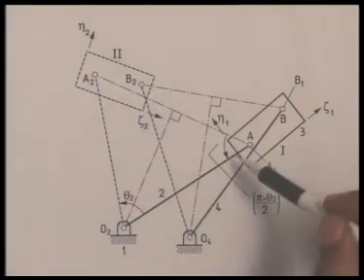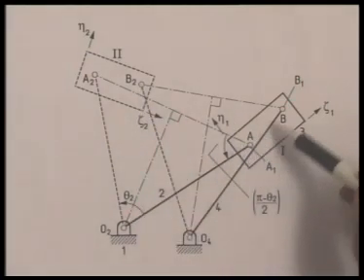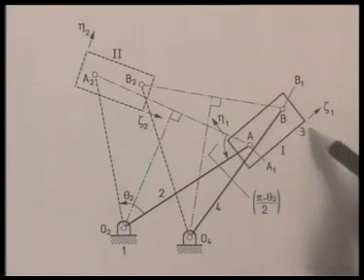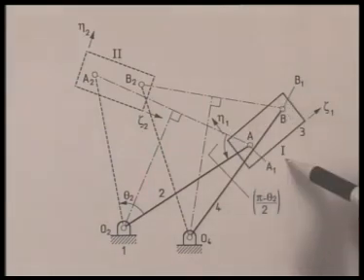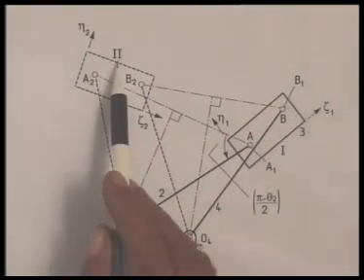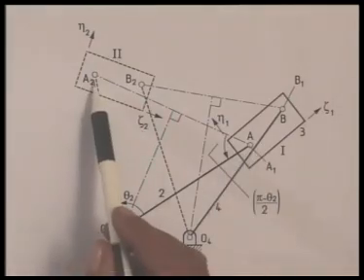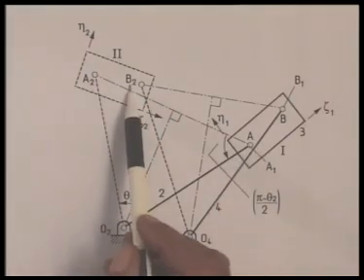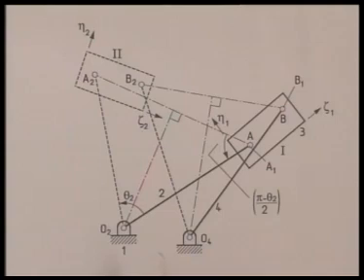We must notice that the locations of A and B are fixed on this coupler. This is in position 1 A and B. In position 2, the same two points are here as A2 and B2. So the only job left is to determine the fixed pivot locations, namely that of O2 and O4.